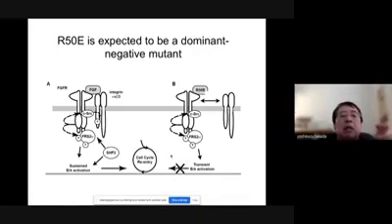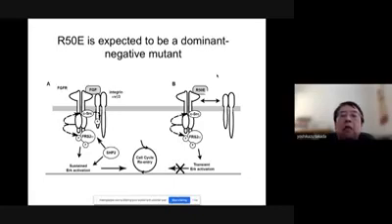Then on the right-hand side, what happens when this mutant is defective in integrin binding? Then they cannot make a ternary complex. What can be predicted? We predicted that this mutant is a dominant negative antagonist.